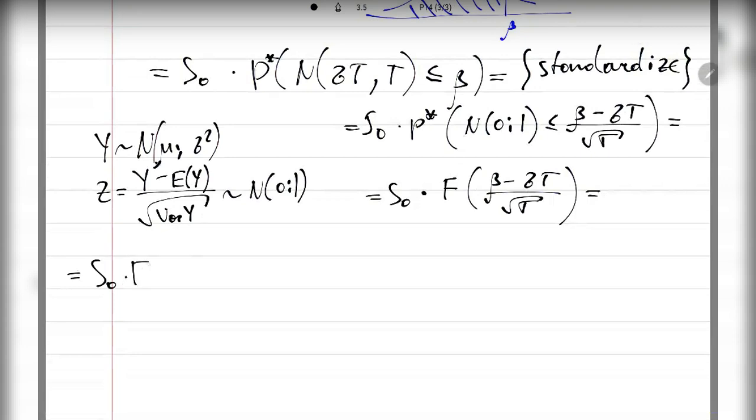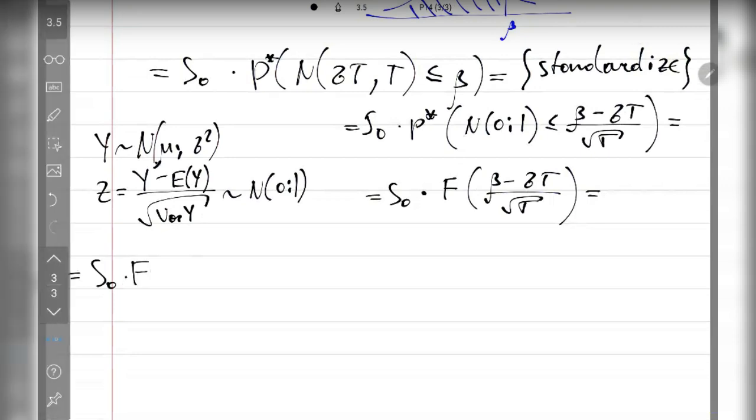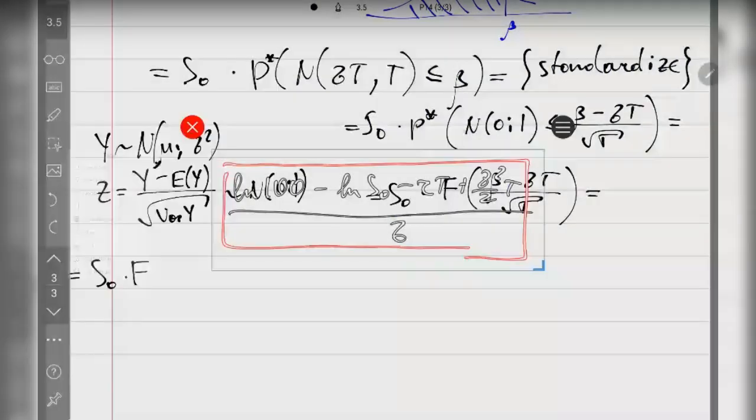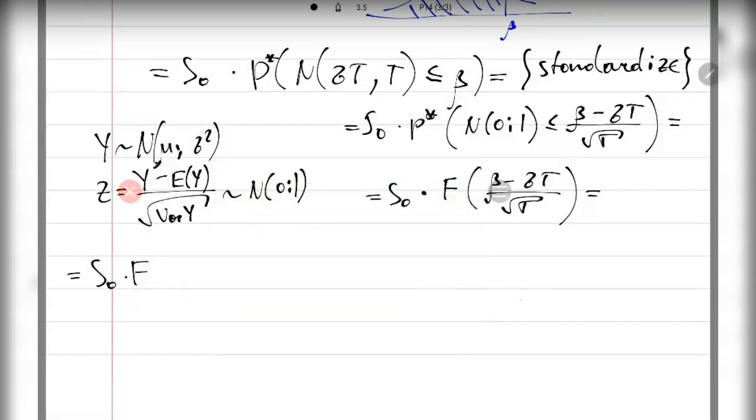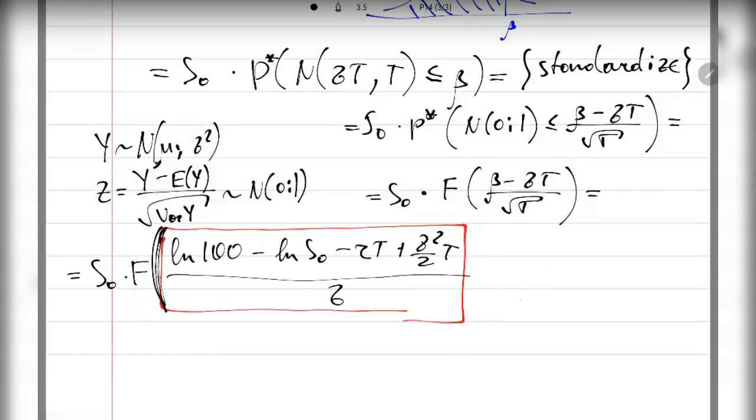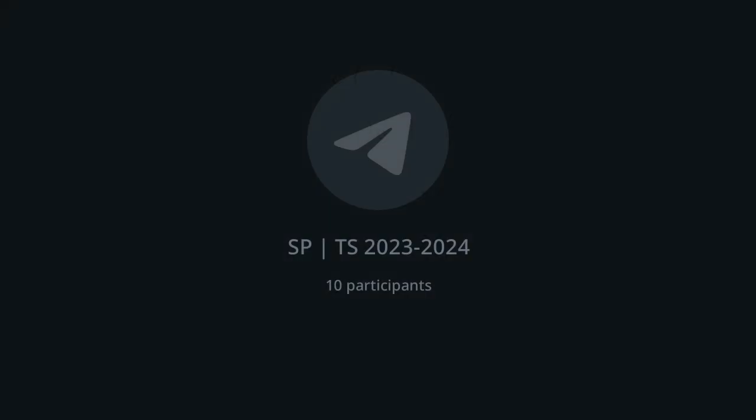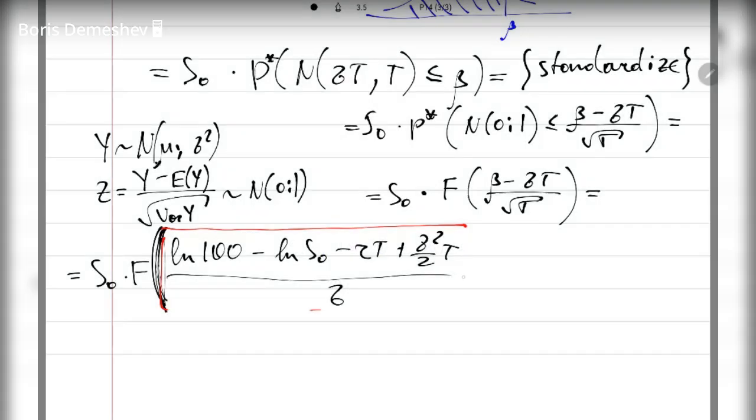So I have S0 times F of, minus, what should I subtract?